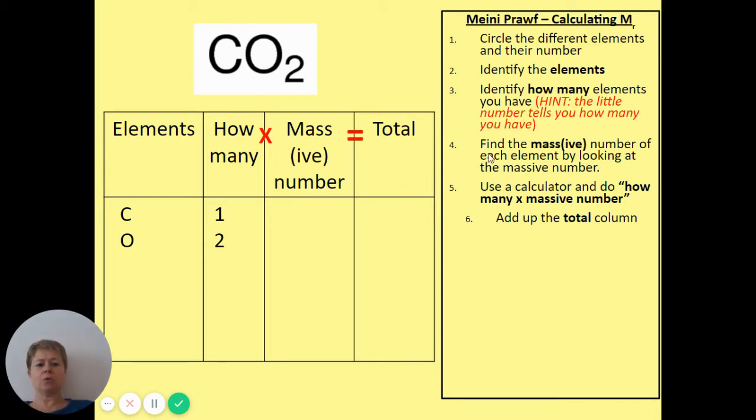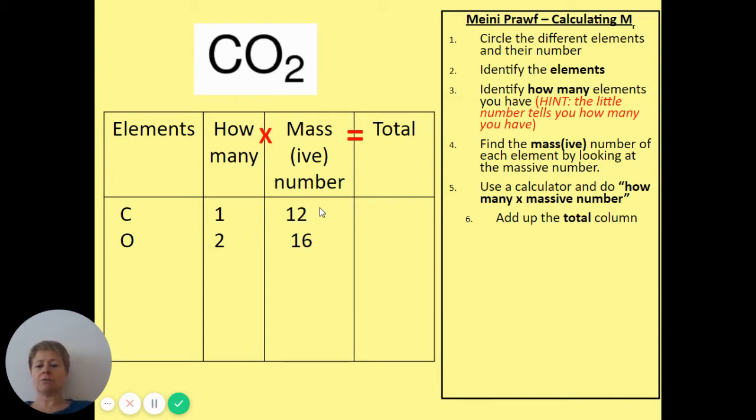Step 4, find the mass or massive number of each element by looking at the massive number on the periodic table. I first go to carbon on my periodic table, and I see that the mass number is 12. I go to oxygen, and I see that the mass number is 16.